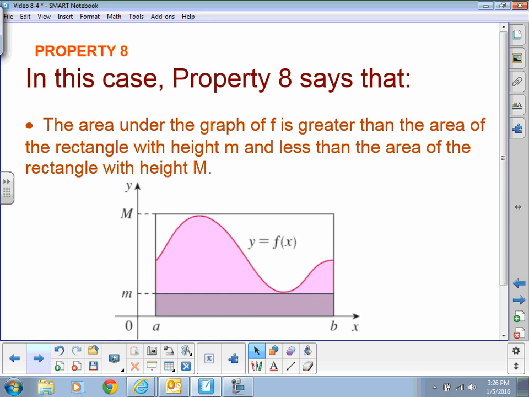Okay, so notice the y values of f of x are staying in between those 2 constants. So therefore, the area of the rectangle for the small one should be less than the area under f of x, and the area underneath the larger one, capital M, should be bigger than the area of f of x.